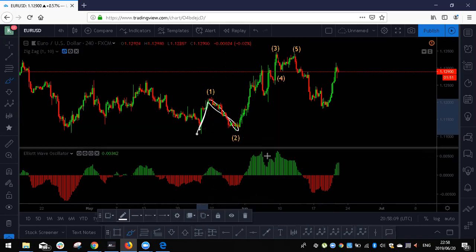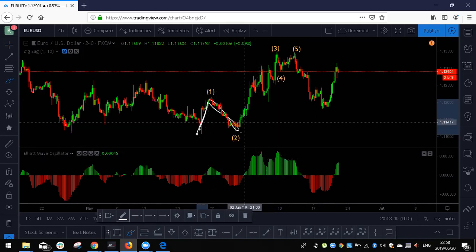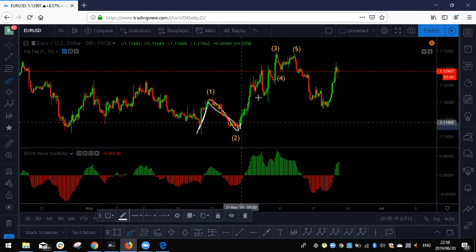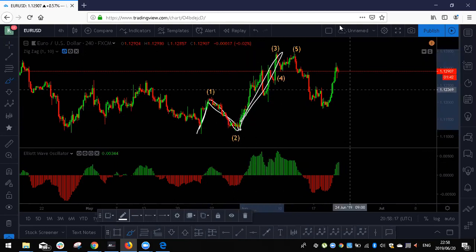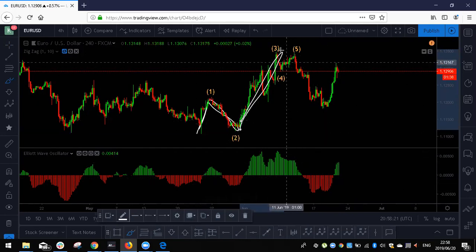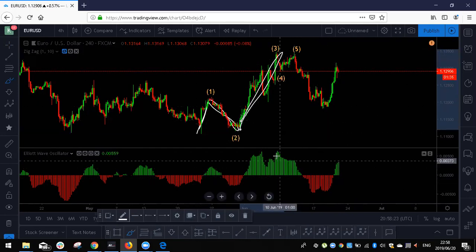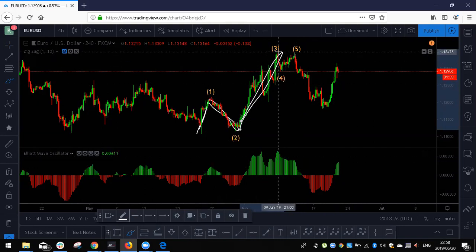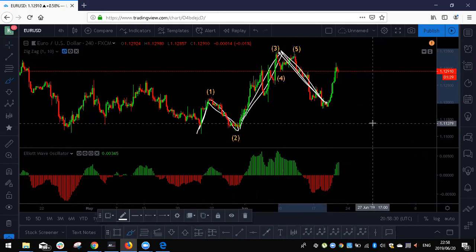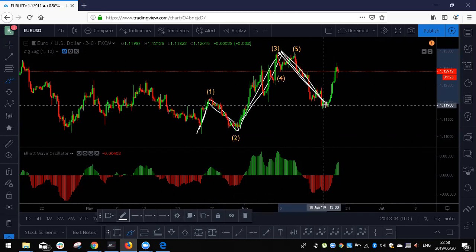So that's another confirmation. This is also green and it's a big green, which means this whole thing is wave 3. Now it's red, and you never got a red anywhere there. So this qualifies as wave 4.